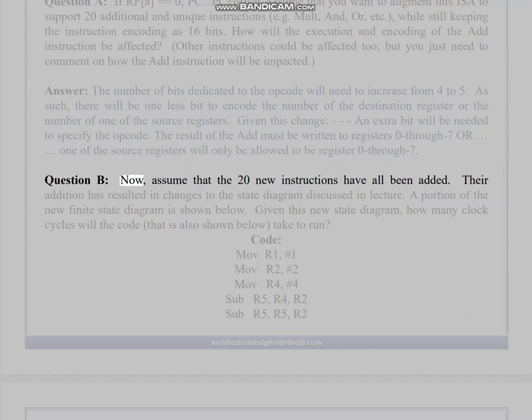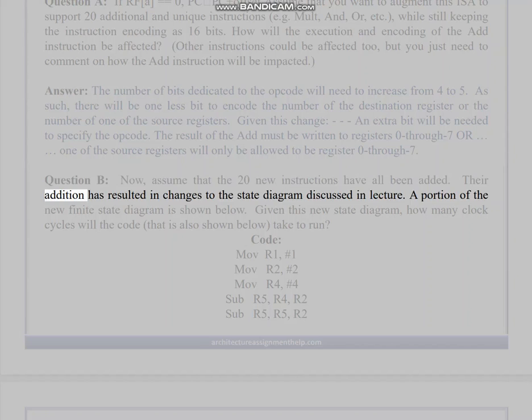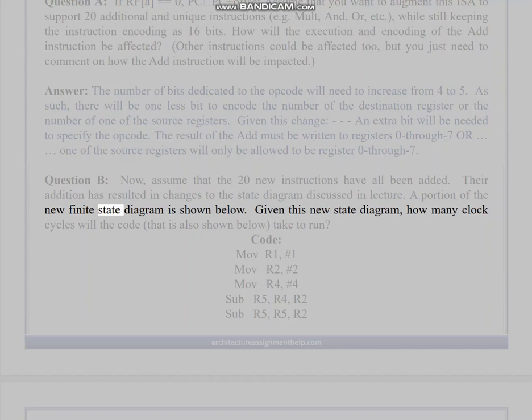Question B. Now, assume that the 20 new instructions have all been added. Their addition has resulted in changes to the state diagram discussed in lecture. A portion of the new finite state diagram is shown below. Given this new state diagram, how many clock cycles will the code, that is also shown below, take to run?